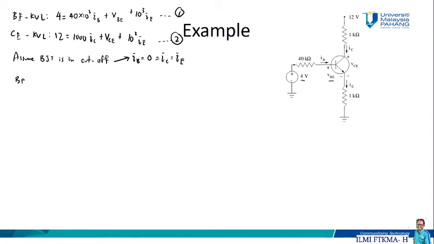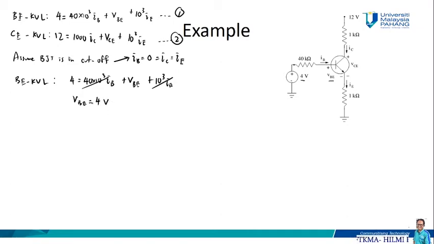From the BE KVL, if we replace the values IB, IC, and IE equal to 0, we are going to get that 4 equal to 0, plus VBE plus 1000 IE, which is also equal to 0. So we should get VBE is equal to 4 volt.